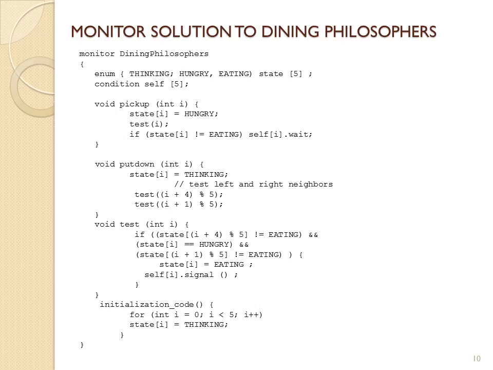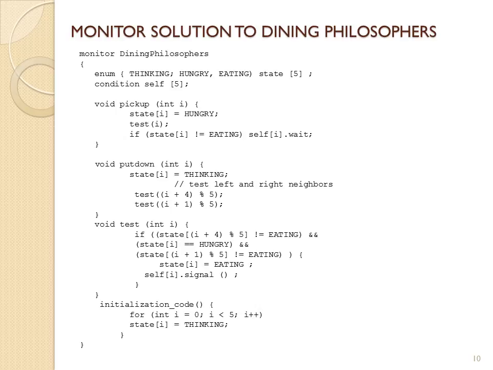And when a philosopher decides that it is hungry, that philosopher will change its state to hungry and run the pickup. In the pickup it will test to see if it's able to pick up both chopsticks, and if it's able to, it will eat. If it's not able to pick up both chopsticks, it will go into a wait condition. If you take a look at the pickup, it says if it is not eating, it will be in a wait condition.